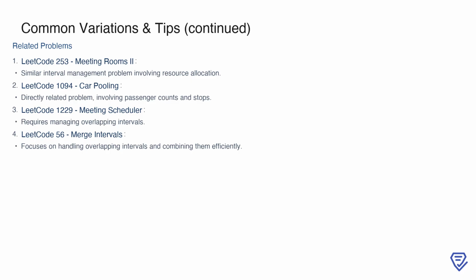Another similar problem is LeetCode 1229, Meeting Scheduler, which involves overlapping intervals when finding compatible meeting times. Lastly, there's LeetCode 56, Merge Intervals, where the goal is to combine overlapping intervals efficiently. Studying these problems can help you recognize and solve interval-based challenges more effectively, as they share similar patterns and techniques.